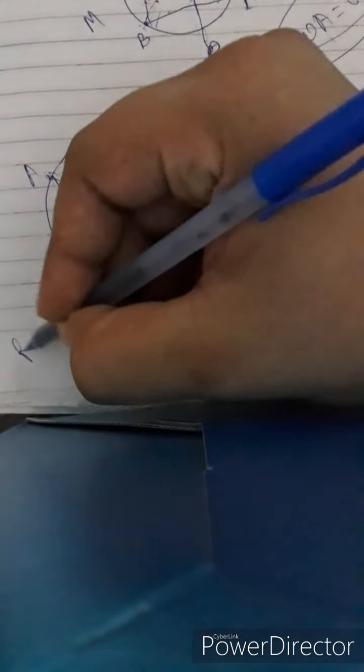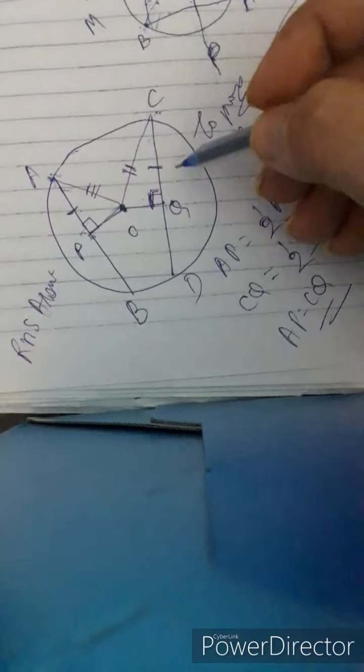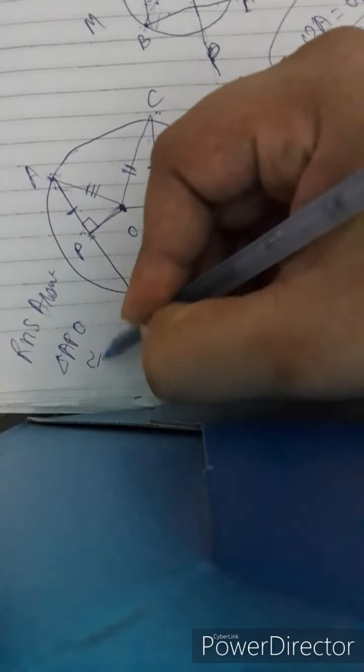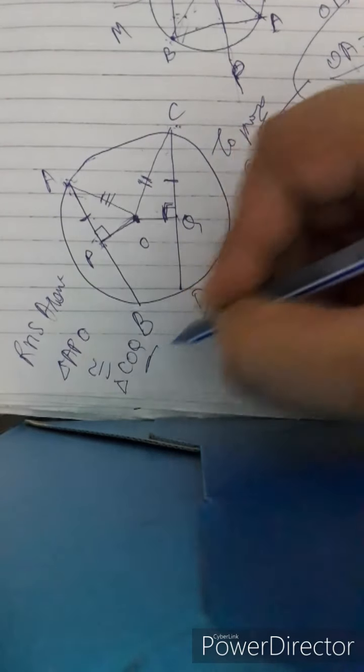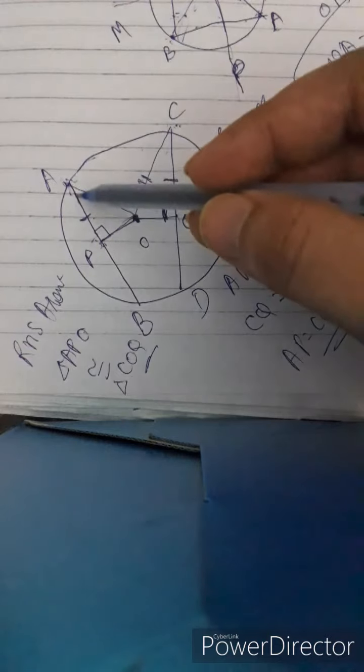So by the RHS axiom, these two triangles are congruent to each other. Triangle APO is congruent to triangle COQ, we have proved.